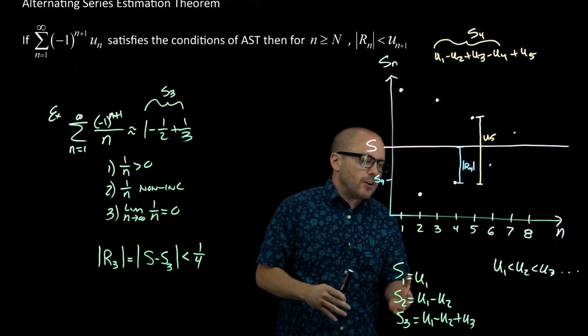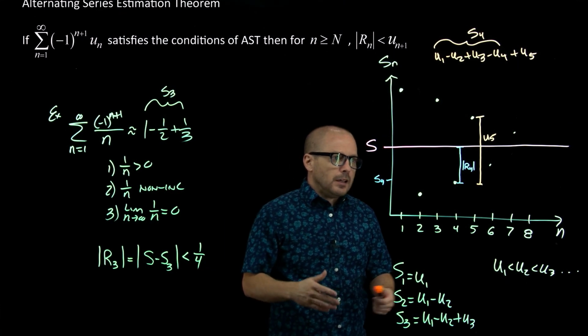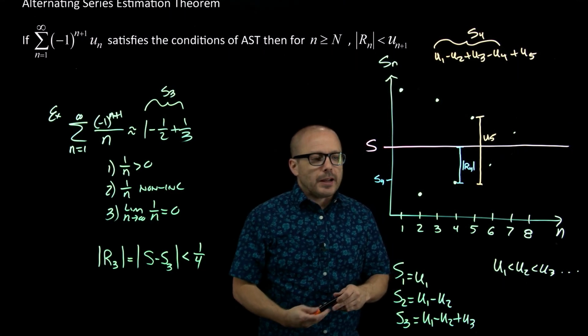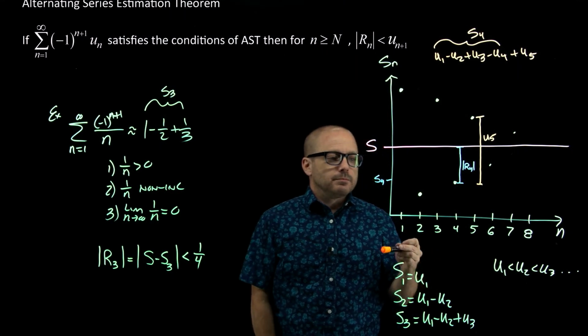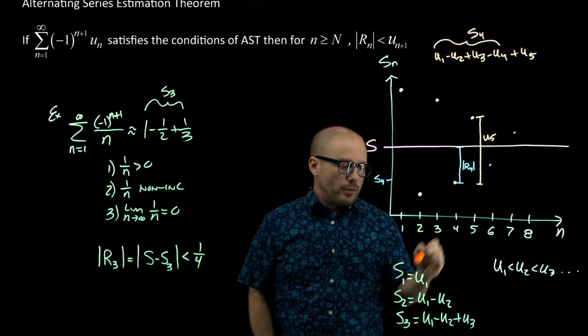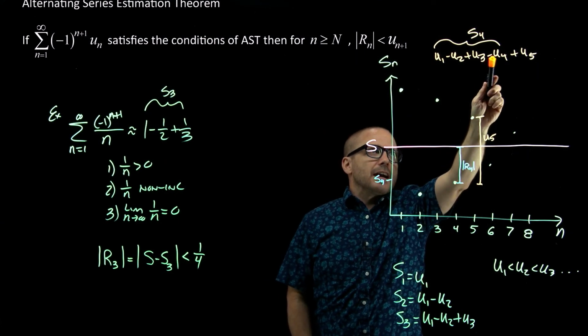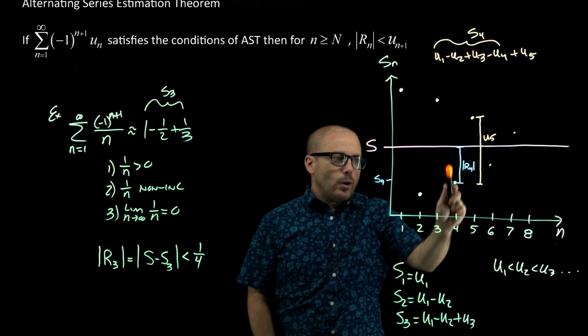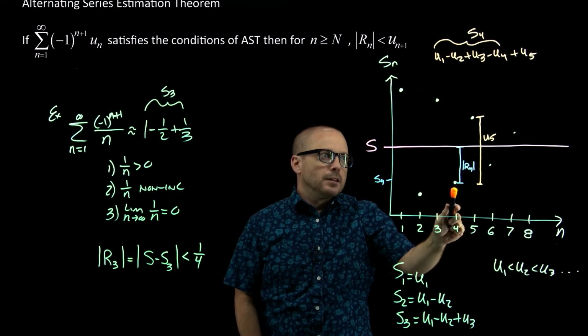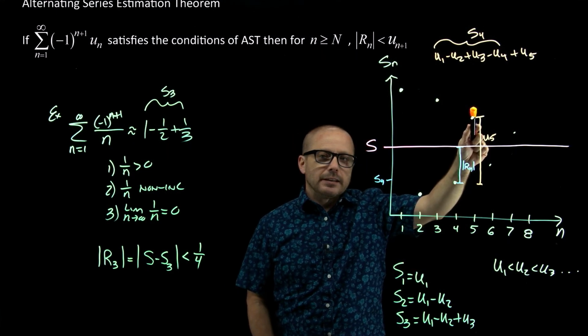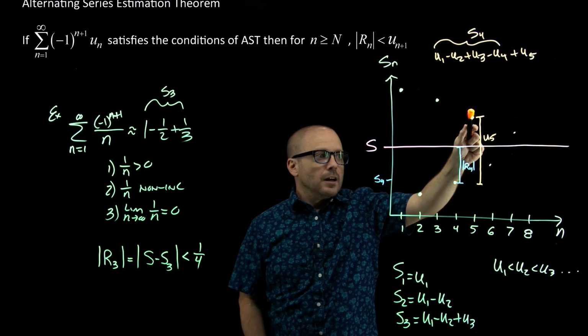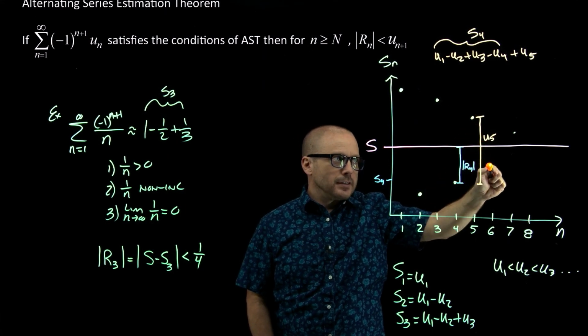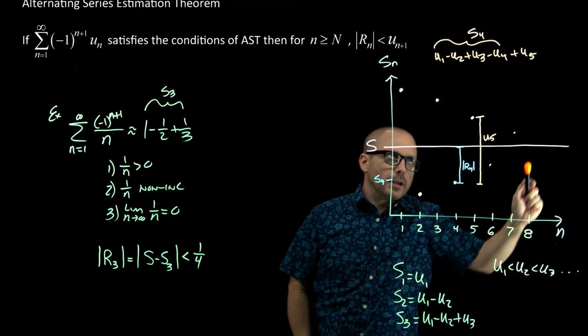This actually tells us another thing as well. Besides knowing that our error is less than, we also know what kind of error we have. Wherever I stop, like say I stop at the fourth one, if the last thing I did was subtract, I know I'm currently underestimating. If I stop here, where the last thing I did was add, I'm overestimating. Underestimating, overestimating, underestimating.